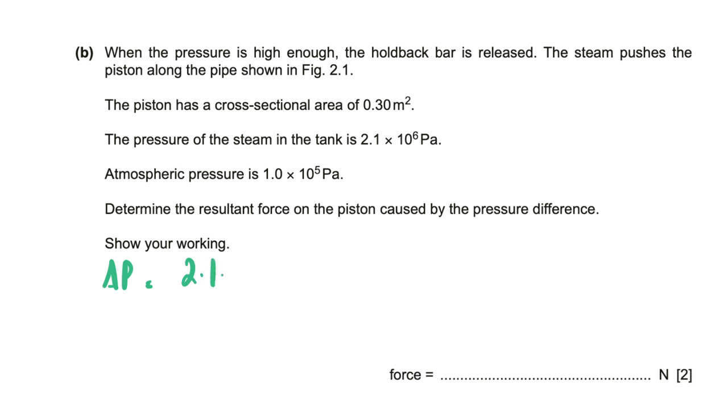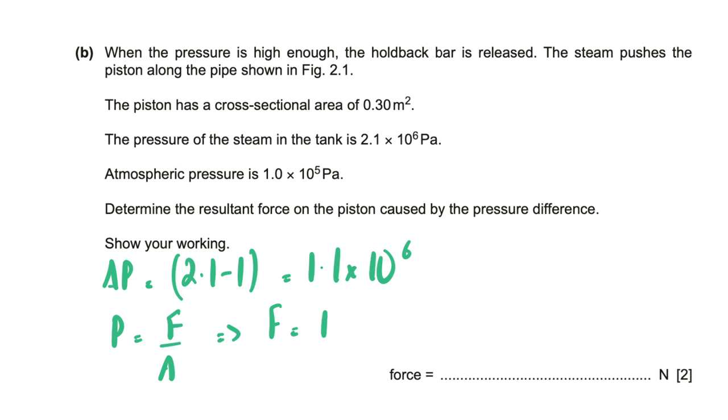So let me first find the pressure difference. That would be 2.1 minus 1 into 10 to the 6, so that is 1.1 into 10 to the 6 pascals. And then I can use the pressure equals force over area formula. So the force is the pressure difference times area, and that is 1.1 into 10 to the 6 times 0.30.